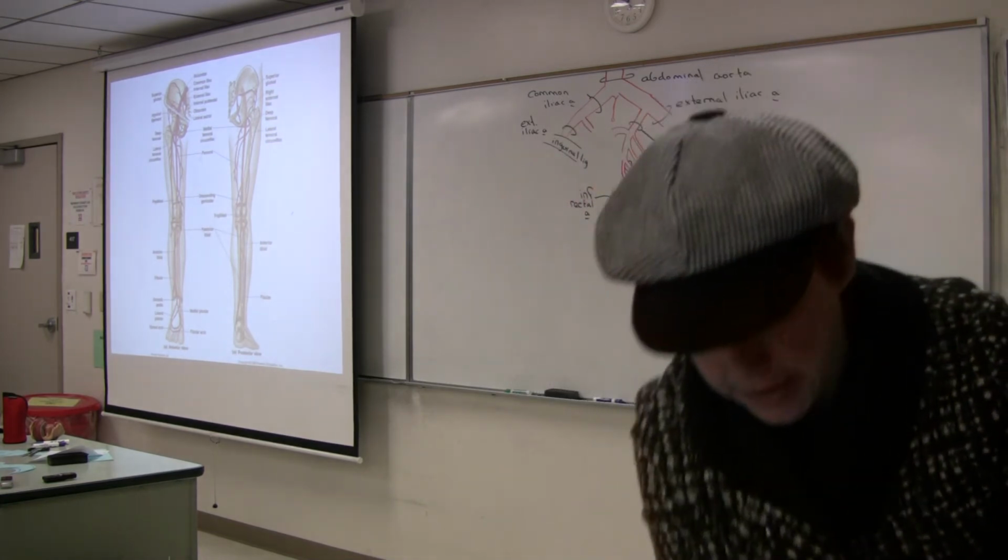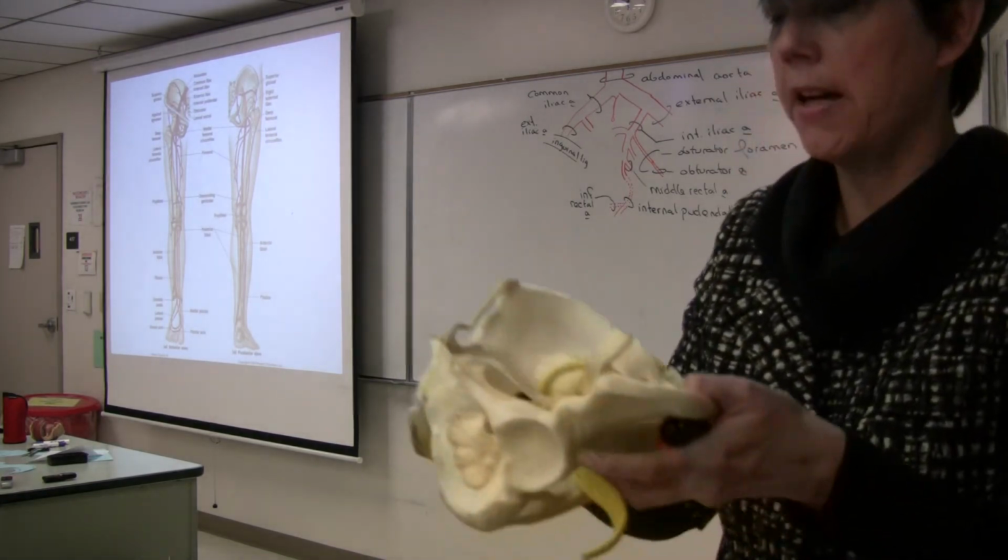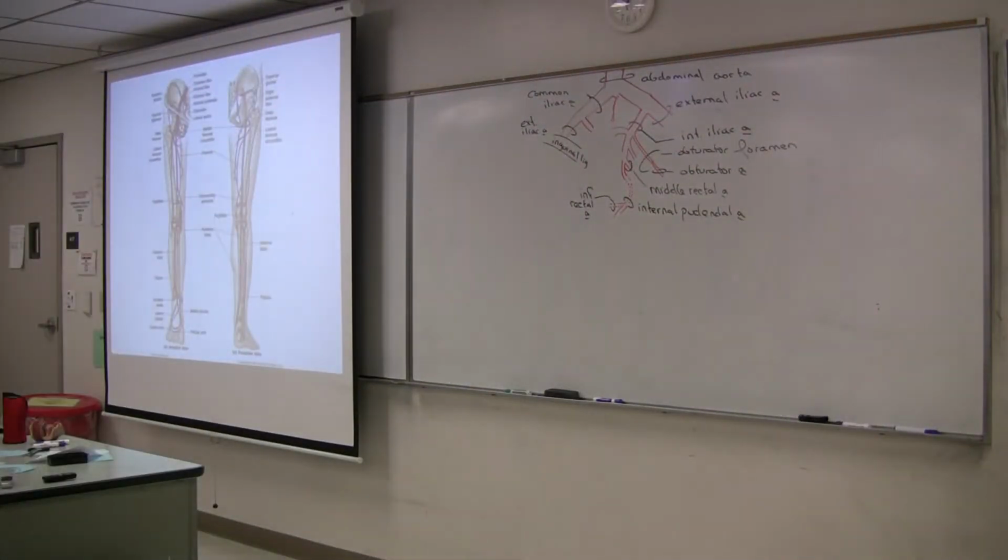So the inguinal ligament is not the inguinal canal. Here's the pelvis, and this is the inguinal ligament. So it's a band of connective tissue from the top of the iliac crest to the pubic bone. So when the external iliac artery goes under that, it now changes name and becomes the femoral artery. Okay, so as soon as it passes through that gap.